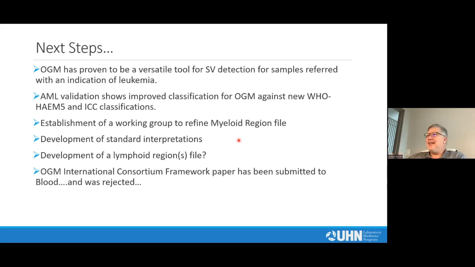So I think it's going to be important for us nationally to discuss how we go about developing these region files and try to maintain some consensus among all of us, whether we want, say, a B-ALL, T-ALL region file, and then a lymphoma file, a CLL file, I don't know. So that's something we need to discuss.